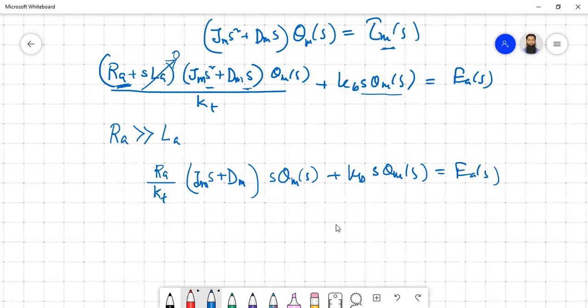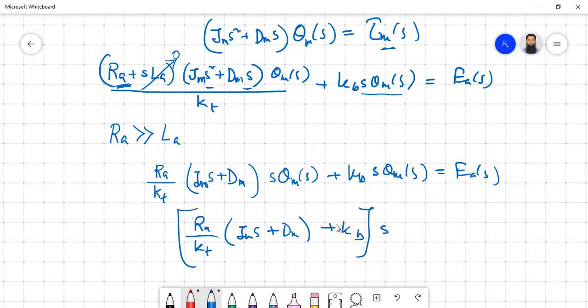If we want, we can go further and take s theta m(s) common: Ra by Kt times (Jm s + Dm) plus Kb.